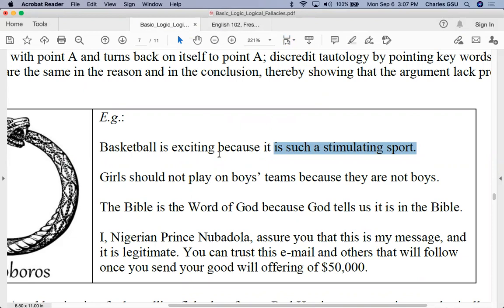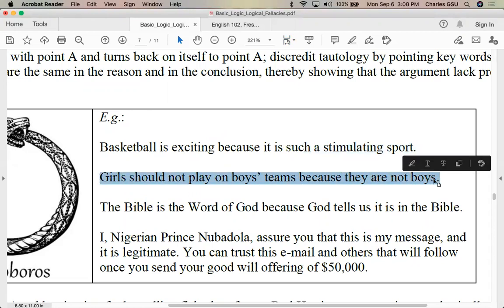But those are all 3 specific reasons that would make it an exciting or stimulating sport. Likewise, girls should not play on boys' teams because they are not boys. Well, "are not boys" logically and semantically means girls by definition, the other category, so to speak.